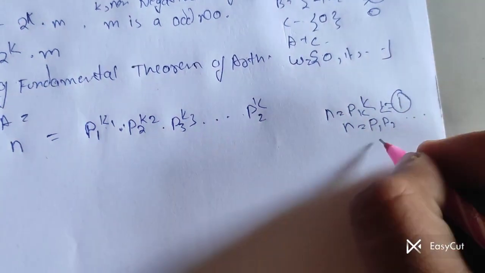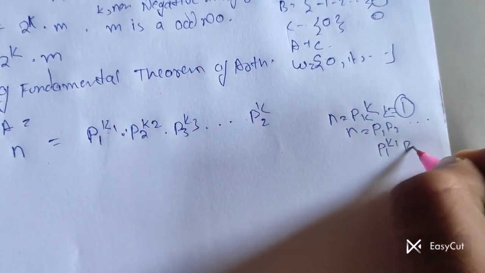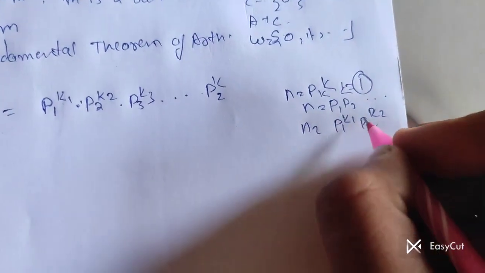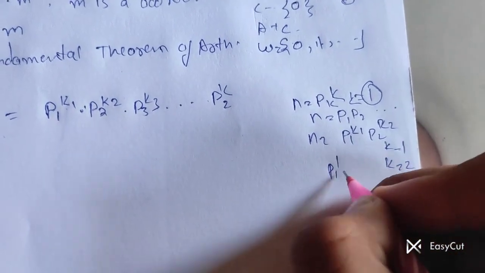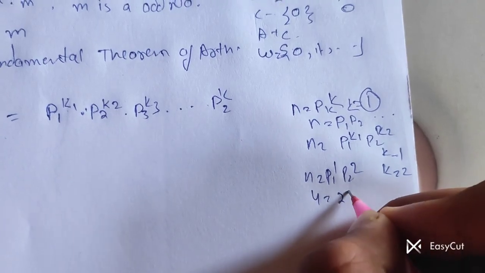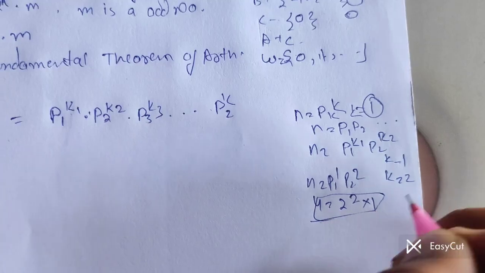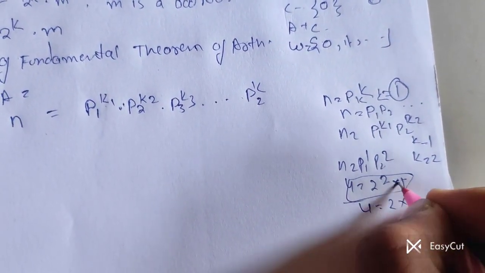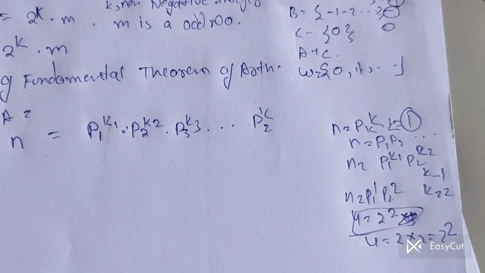If we have p1 to the power k1 and p2 to the power k2 as factors of n, and if k1 is equal to 1 and k2 is equal to 2, then p1 to the 1 and p2 to the 2 are the factors. For example, 4 is 2 to the power 2, so this is 2 into 2. This is an example of 2 to the power 2, that is, every composite number in this form.